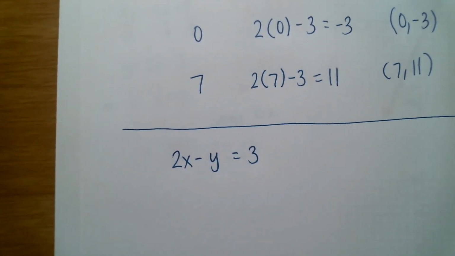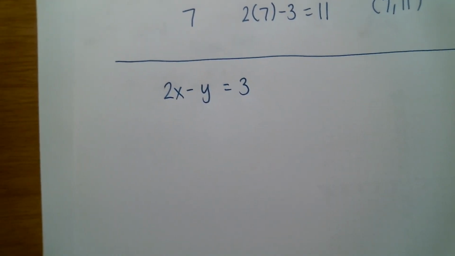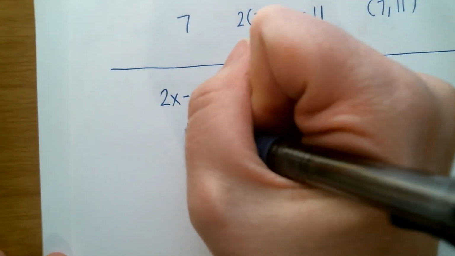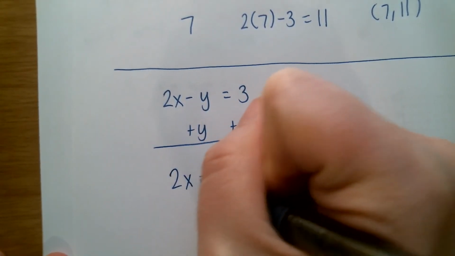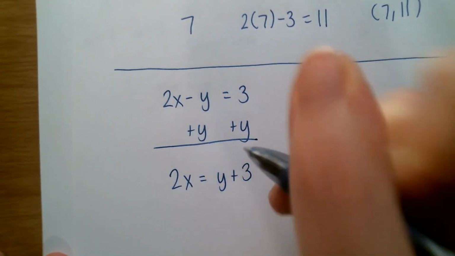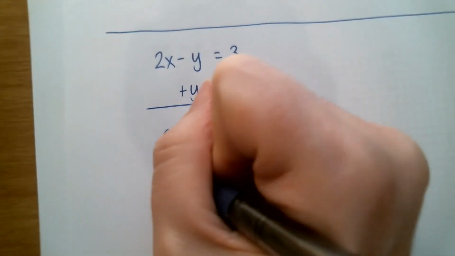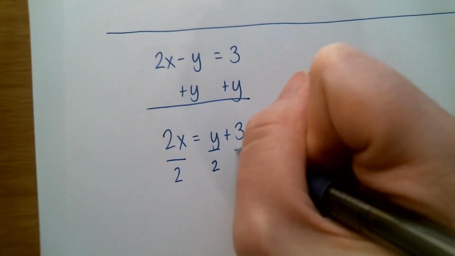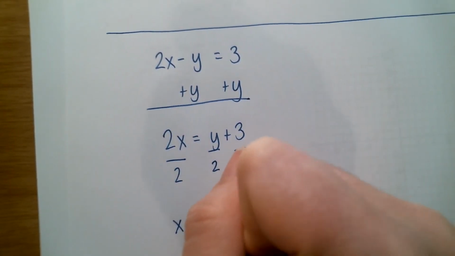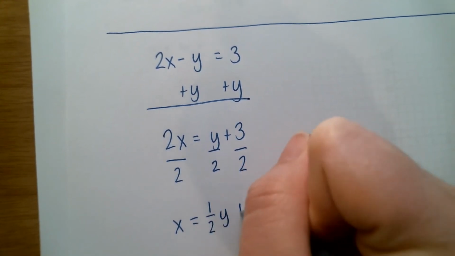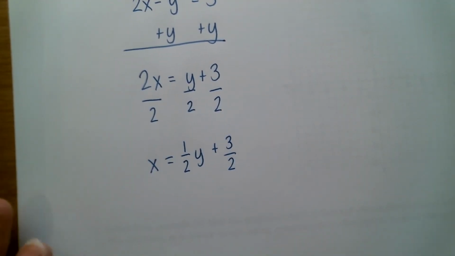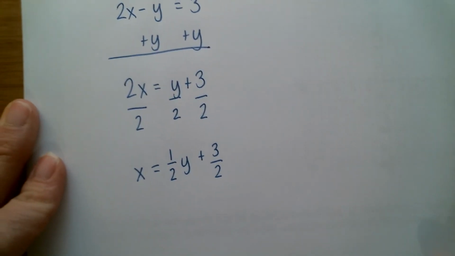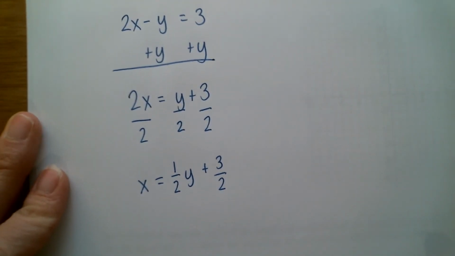We could have solved this for x instead. I would have moved the y over and gotten 2x equals y plus 3. You want x, so divide everything by 2. So you would get x equals 1/2 y plus 3/2. That's a lot messier because it's got fractions, but it's still correct. Even though it looks different, it's still correct.